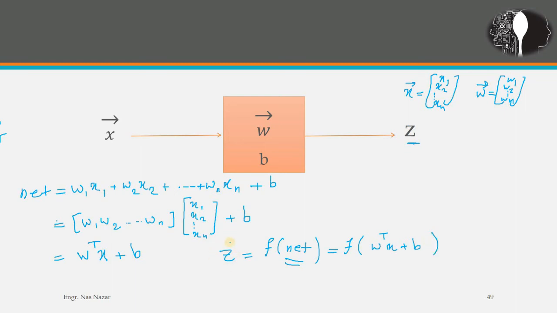We just showed the output of this neuron by using a function of w transpose, which is our weight vector, and x, which is our input, and finally plus a constant number. With a simple mathematical function we can represent our neuron.